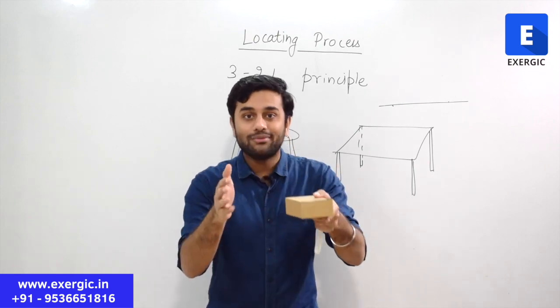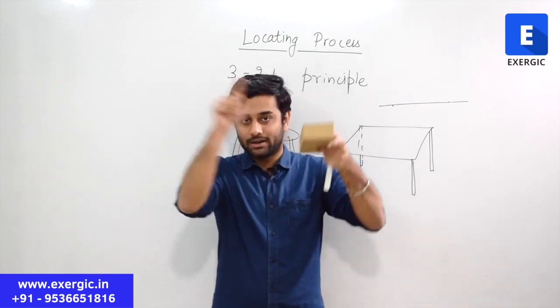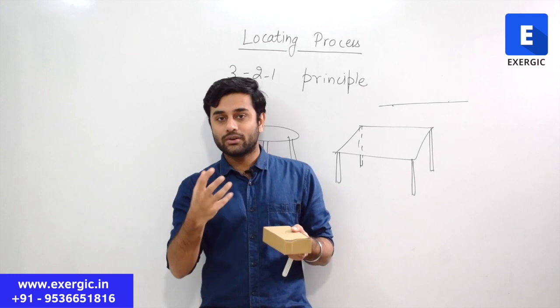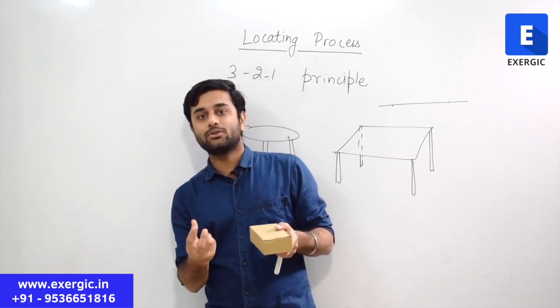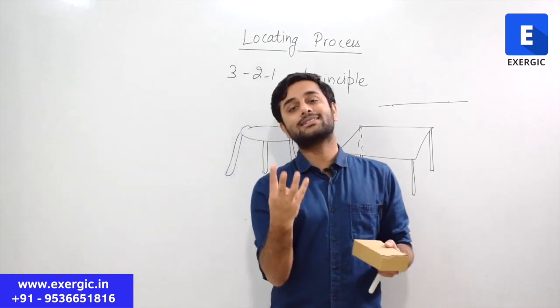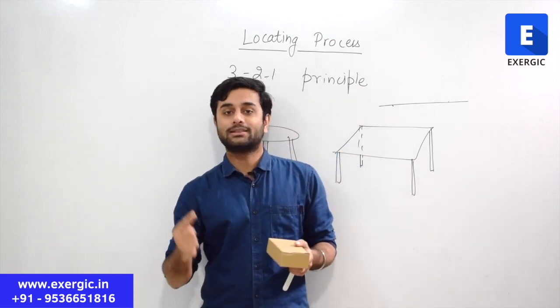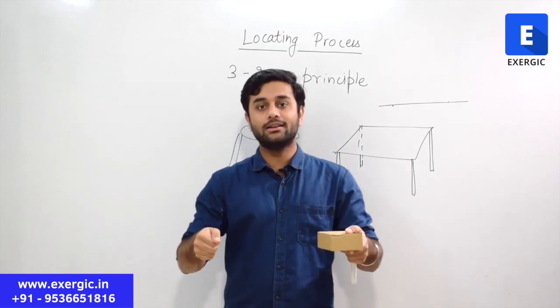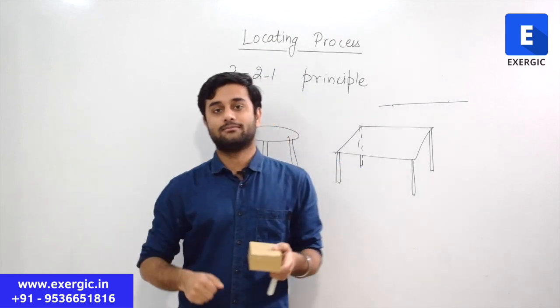So the jig is always supported on 3 legs, the whole complete jig setup. If it is not fixed, and you are supporting it using legs, you provide 3 legs for the same reason, that if 4 legs are there, there will be wobble. 3 legs will ensure that it is sturdy, not wobbling, it is stable.